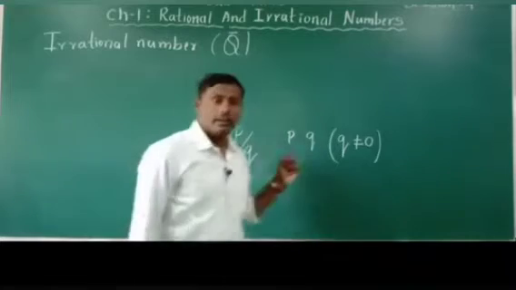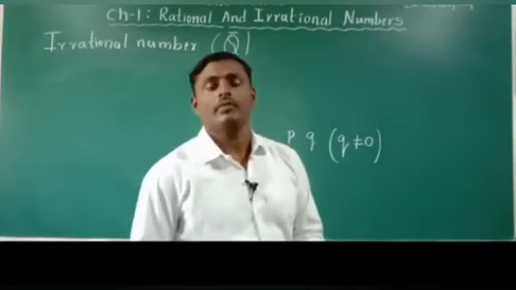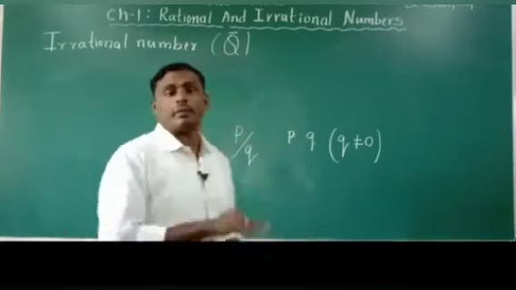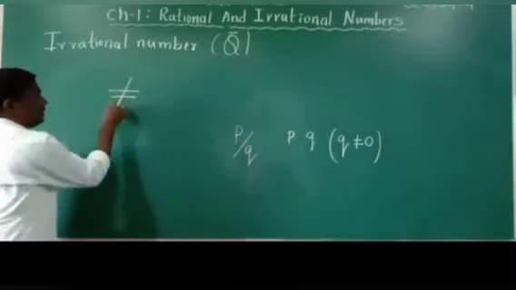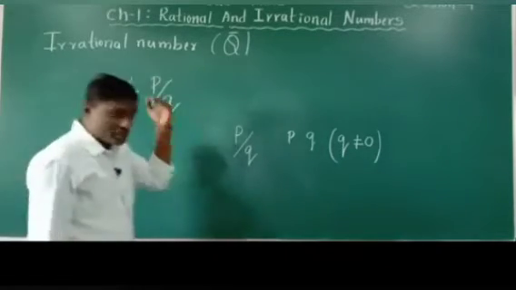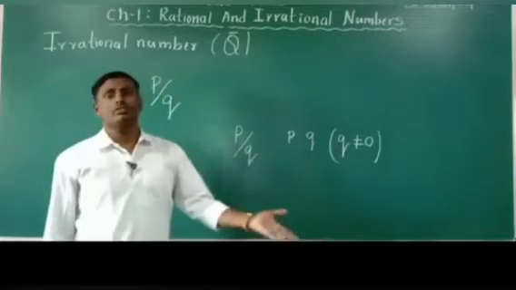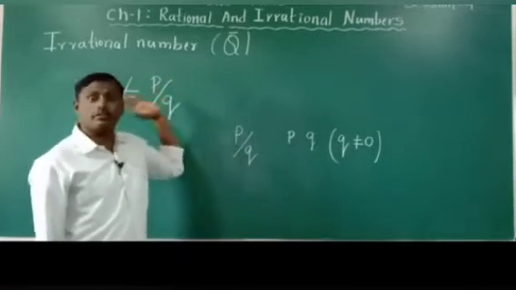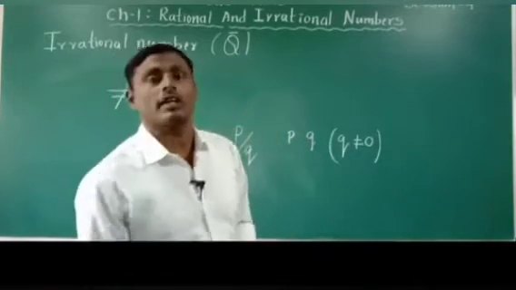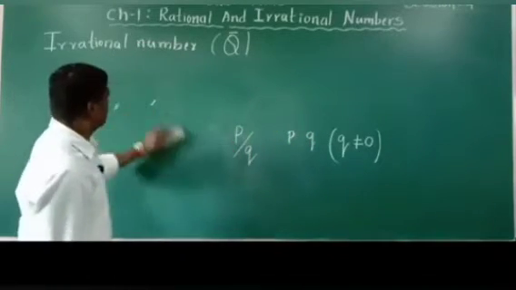So how can we define the irrational number? The numbers which we cannot represent in the form of p by q, where p and q are integers and q is not equal to 0. We cannot represent the irrational numbers in the form of p by q.